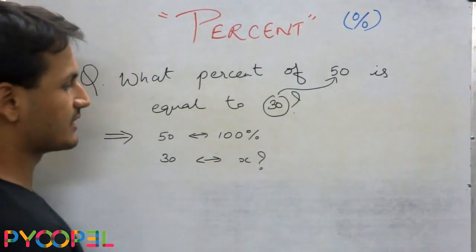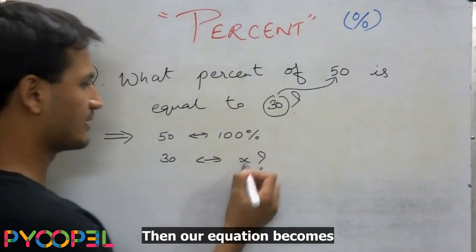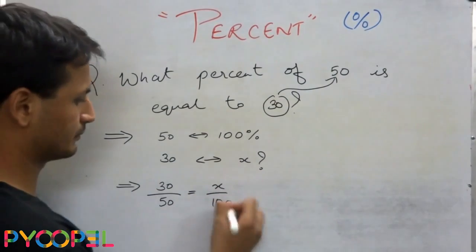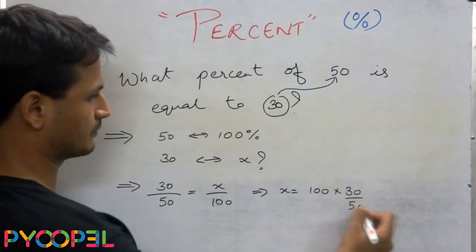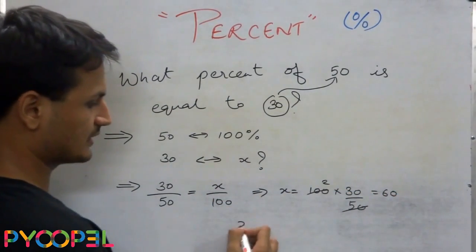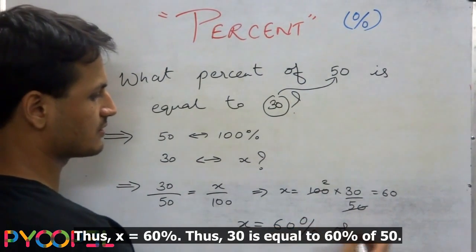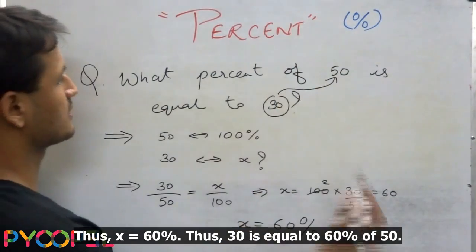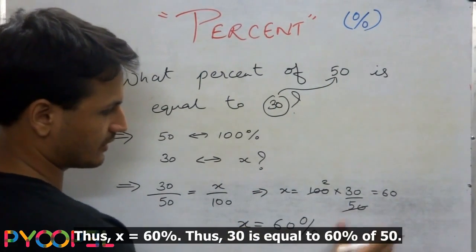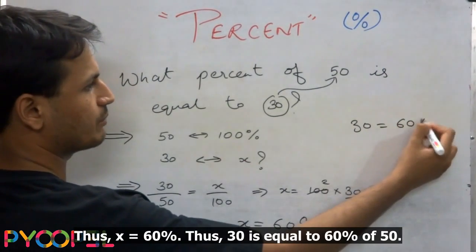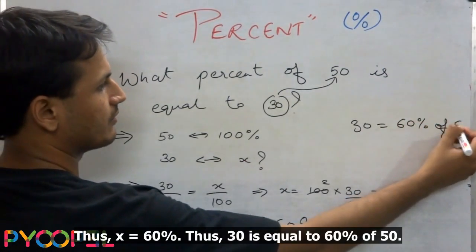Let's say this is X, then our equation becomes, thus x is equal to 60%. So 30 is equal to 60% of 50.